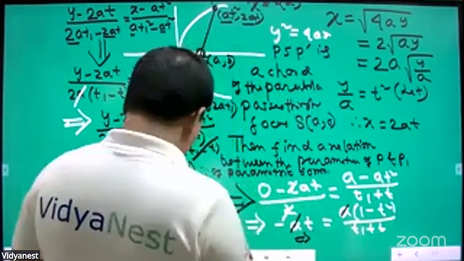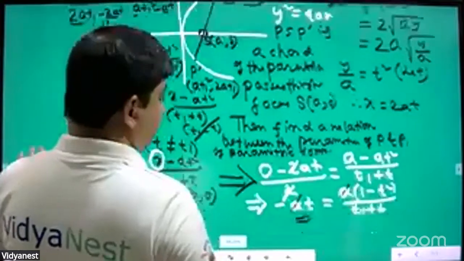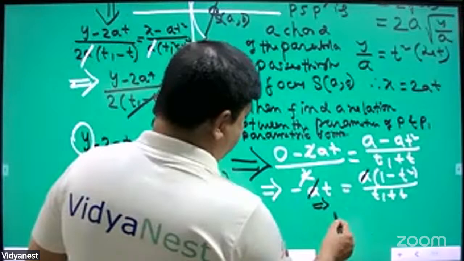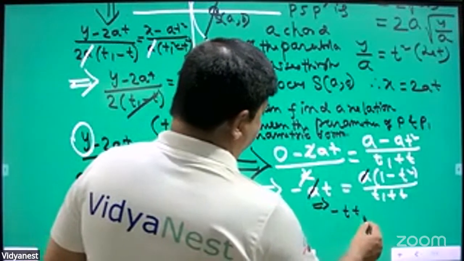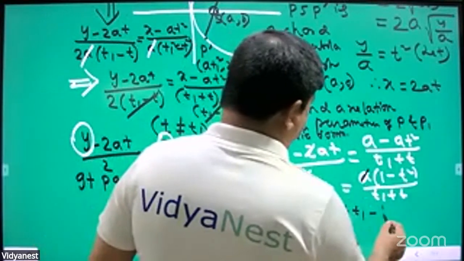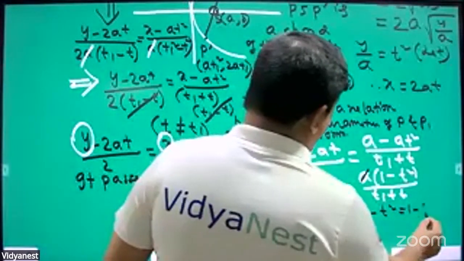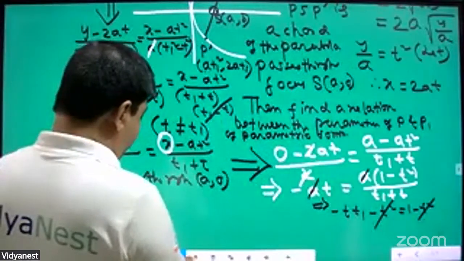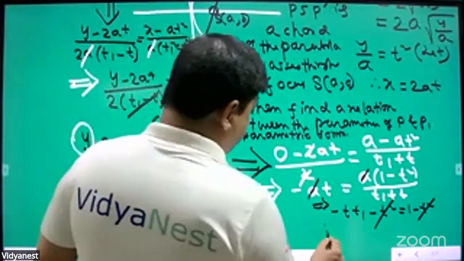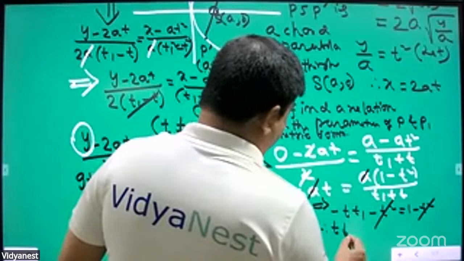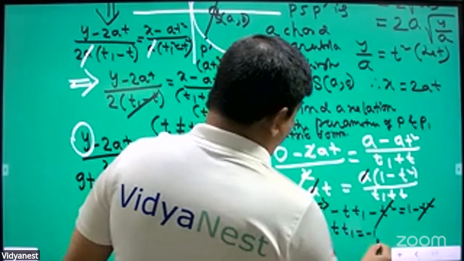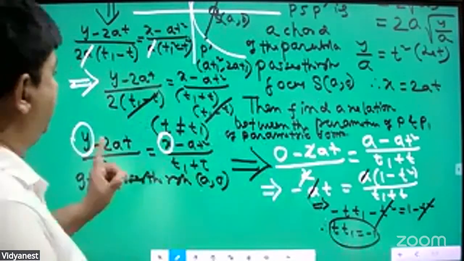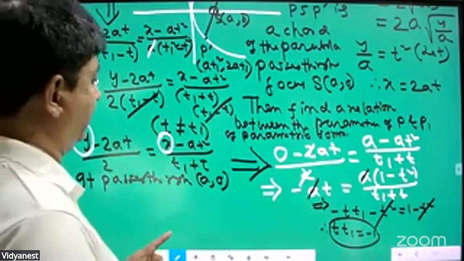If you cross multiply, we will get minus t, t1 minus t square, 1 minus t square. T square will get off. So t into t1 is minus 1.